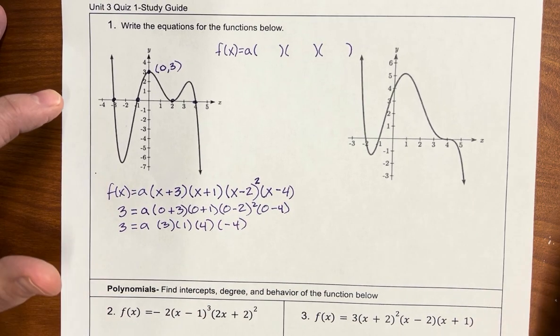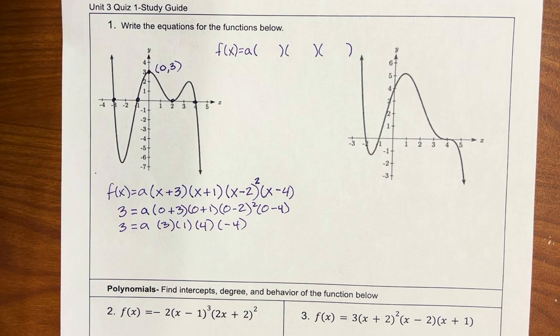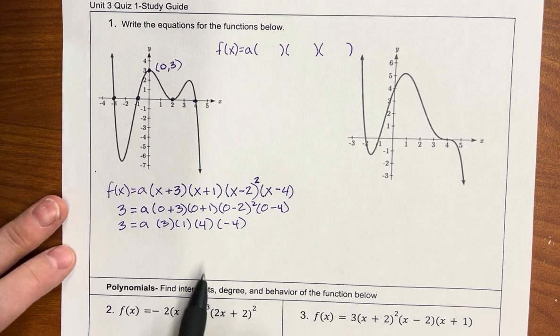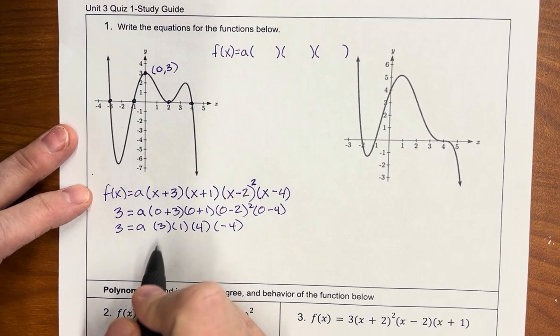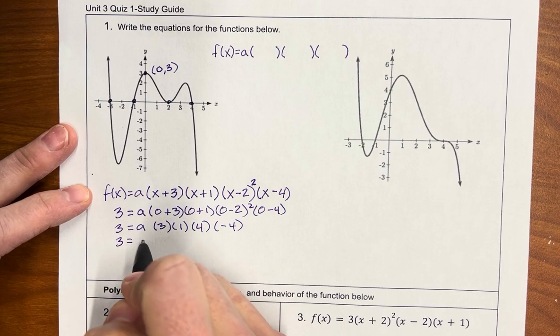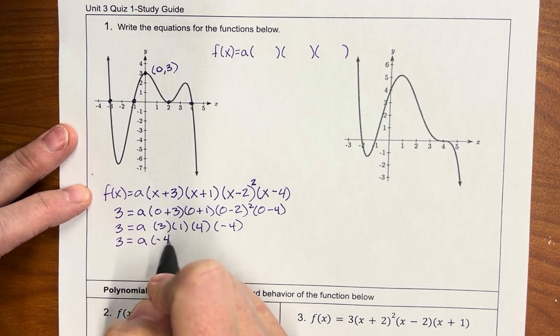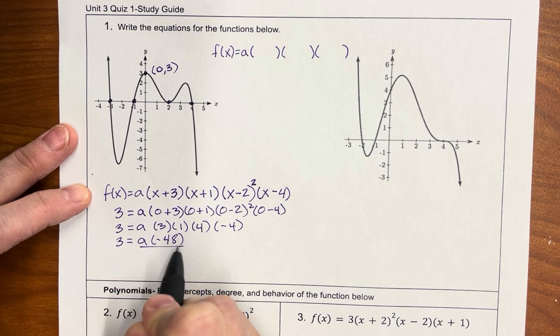So now I have 16 times 3. And so that is going to be, oh, it's -16 times 3, which is -48. So I have 3 equals a times -48. So to find a, I just divide by -48 on both sides.